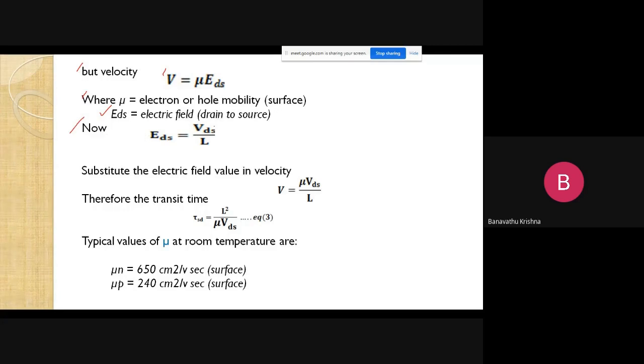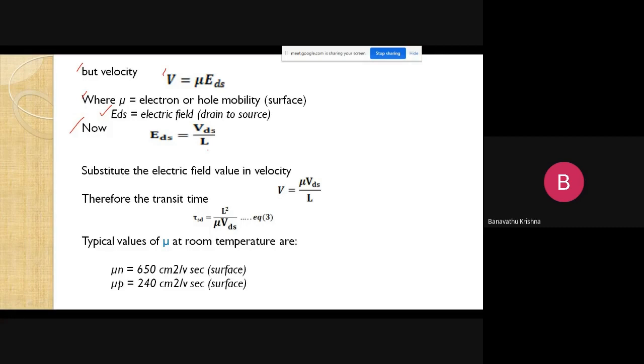EDS equals VDS by L. How does it occur? The applied voltage between drain and source along the channel causes a change in electric field; the voltage drops along the channel, and there is a change in the channel due to the IR drop. So EDS equals VDS by L.